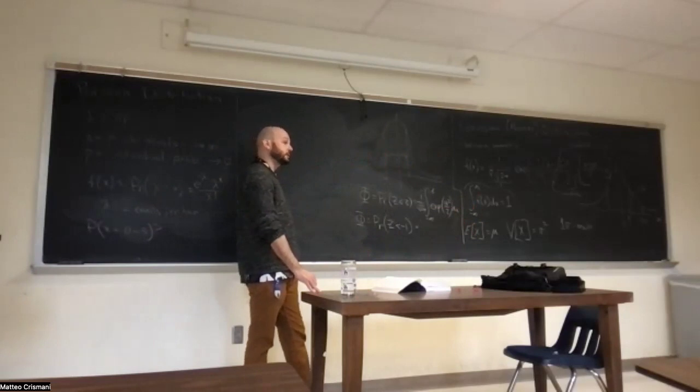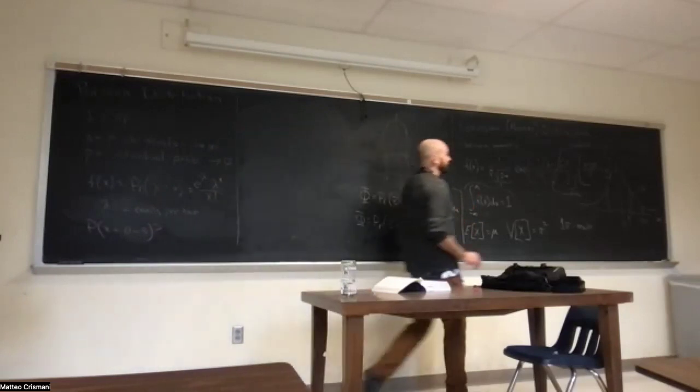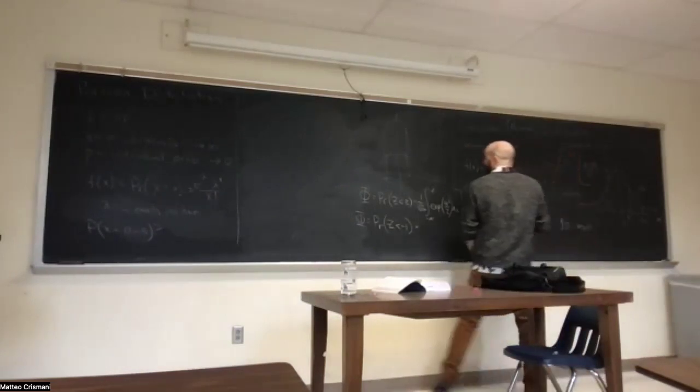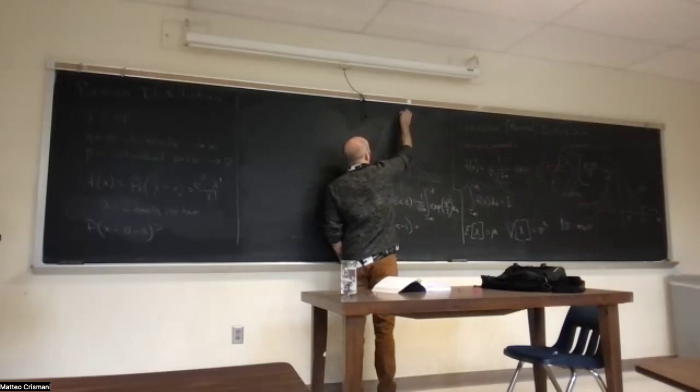So if we think about this in the context of what I said to do here, it was to think about this as being centered at the origin, so that mu equals 0 and sigma equals 1, right?